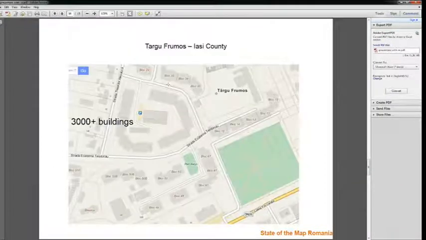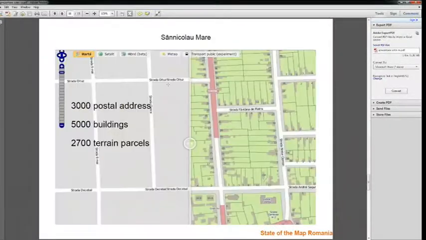On the different imports that we have added, this is an example of Târgu Frumos, a city in Iași County, where we added over 3000 buildings. This is another one that we imported, and we also made a visual representation that we are now using when we present to other local authorities what we can do with the data if they give it to us.